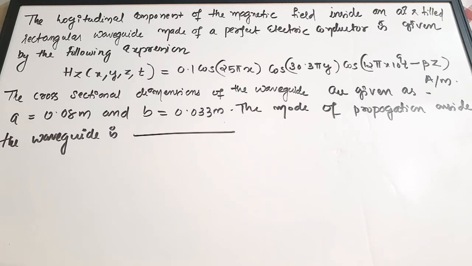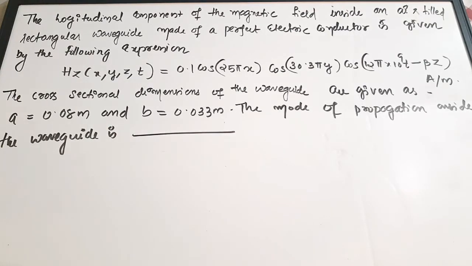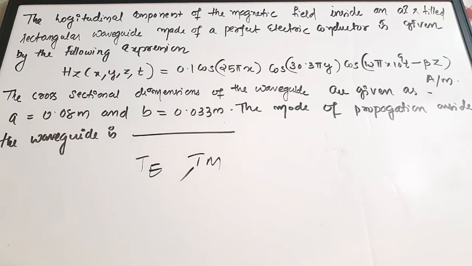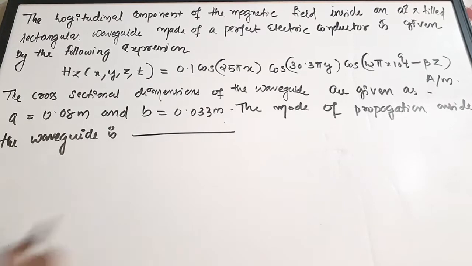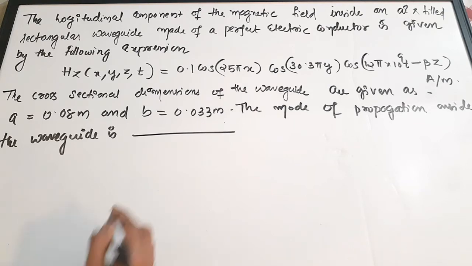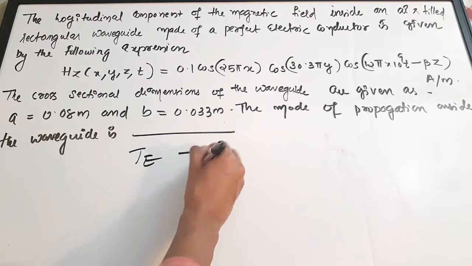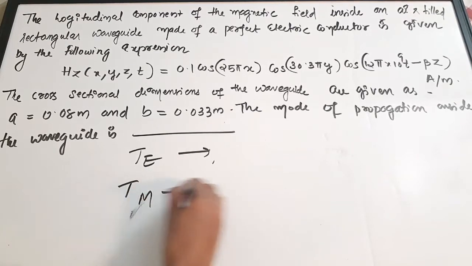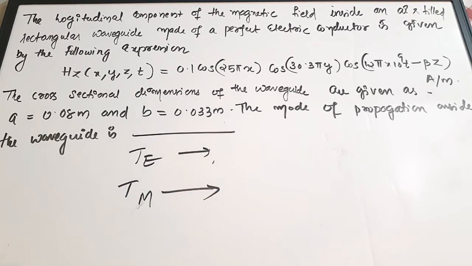The mode of propagation inside the waveguide is asked. So they are asking simply the mode of propagation. How to find whether this mode is TE mode or TM mode? Generally you can have two types of modes in a rectangular waveguide: transverse electric field modes, TE, and transverse magnetic field modes, TM.